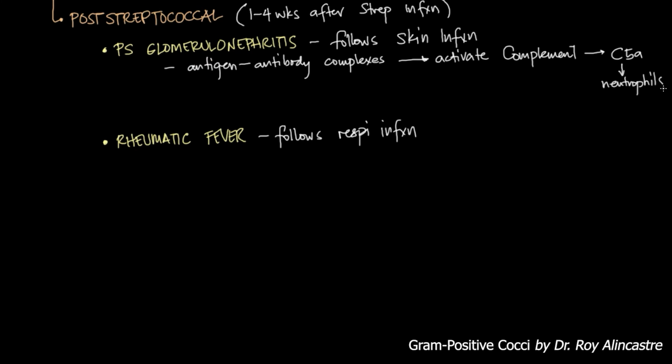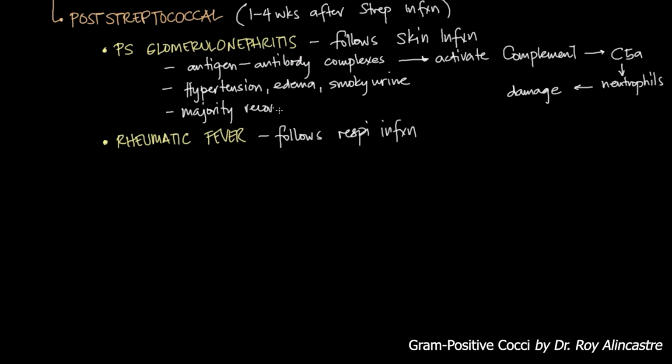The most striking clinical manifestations are hypertension, edema of the face, especially periorbital edema or around the eyes, and also edema of the ankles, no? And smoky urine due to blood and protein in the urine. The majority of cases clear up spontaneously and recover completely, but some develop chronic glomerulonephritis, eventually kidney failure, and some even die.